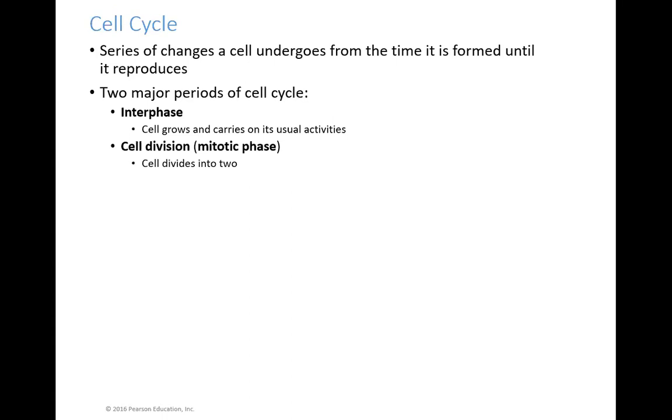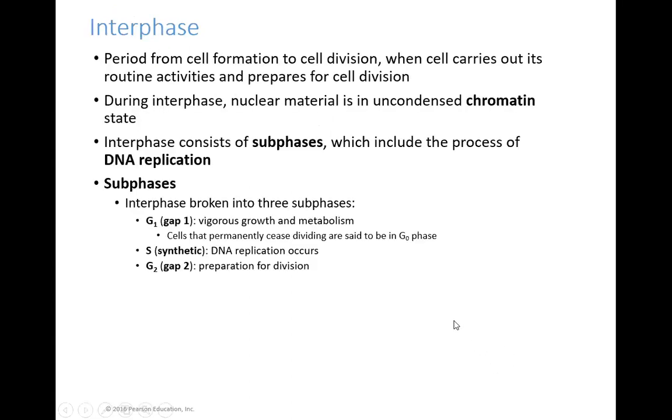So 99% of the time, I'd say even 99.99% of the time, a cell is busy in interphase, and it's a little itty bitty amount of time they are in mitosis, and then cytokinesis after that. So interphase, busy being a cell.